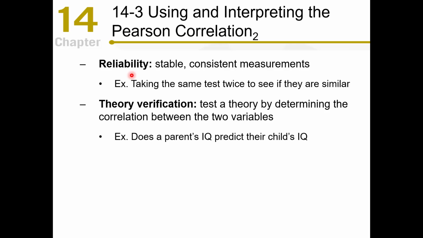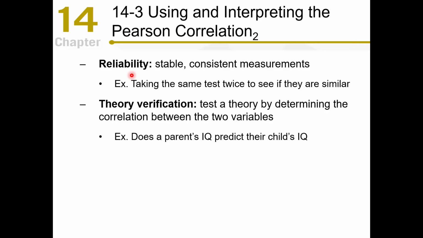Last thing is theory verification, right? So in order to test a theory, I have to determine if there is a correlation between two separate variables, right? For instance, there has been research that shows that the intelligence of the parent is highly correlated with the intelligence of the child, right?